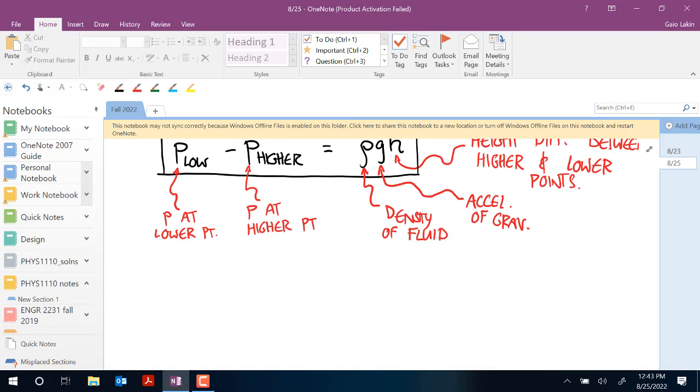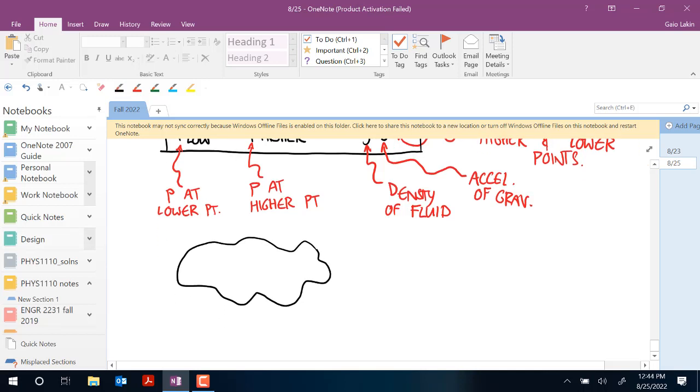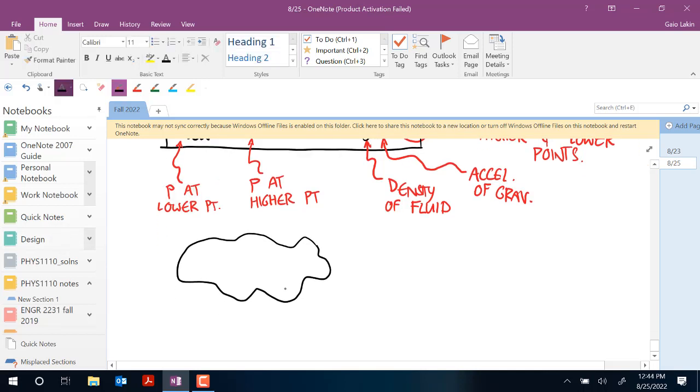Let me draw a picture that sort of illustrates the meanings of these things. So if you have a continuous fluid at rest, then this is your P lower. This is your P higher.